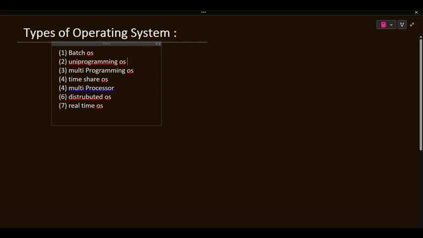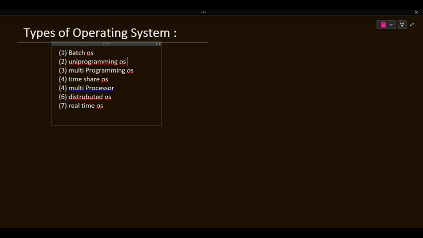And the next, uniprogramming operating system, was introduced. In this operating system, the main memory, which in the last lecture we discussed, holds a program that will be executed only when it is transferred from secondary memory to the main memory, and the CPU executes the program line by line.